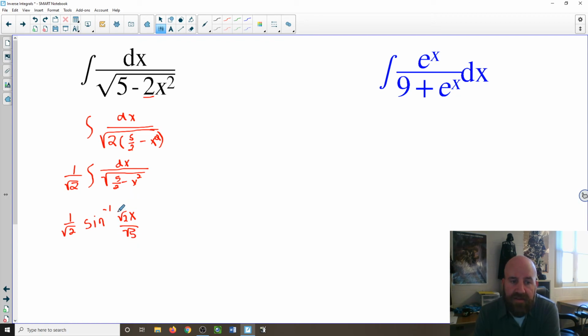We could rationalize this to get a 5 on the bottom, and we would have square root of 10 on the top, or we can just leave it like this. So pulling this 2 out at the beginning underneath the square root allows us to have this. Now, you could skip this step, and then at the end you could divide by the derivative of u, which would be square root of 2. So that's where that comes from.